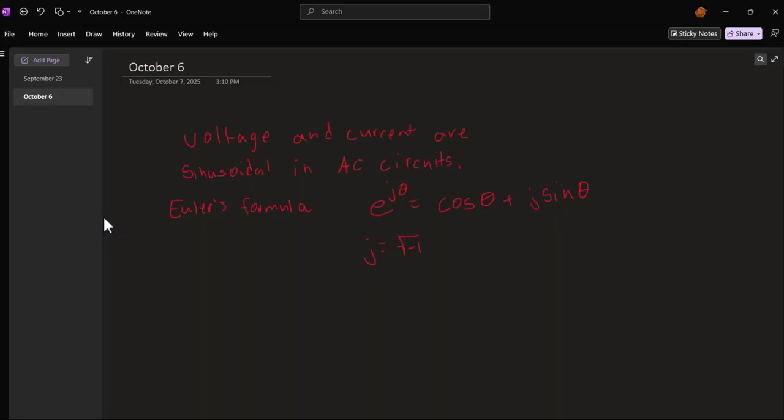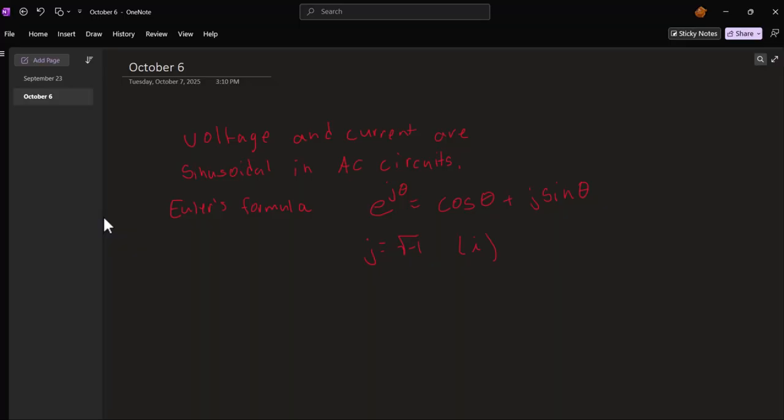And in physics and math, they use i, and engineers use j, which makes sense because we use i for current. And exponentials are a whole lot easier to deal with than sines and cosines.